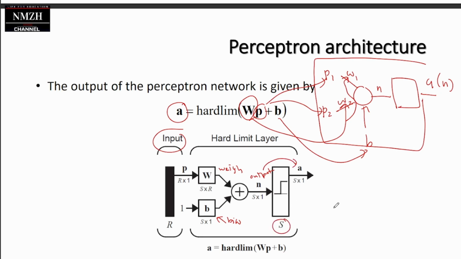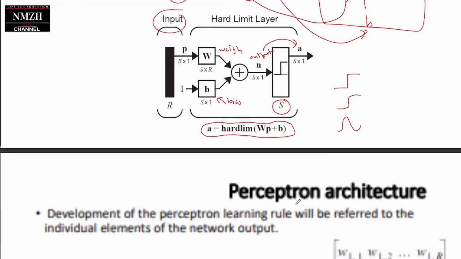We have several: hard limit, sigmoid, and the Gaussian bell shape, and so on. In this scenario, the perceptron network is presented as A equals hardlim(WP plus B), right?